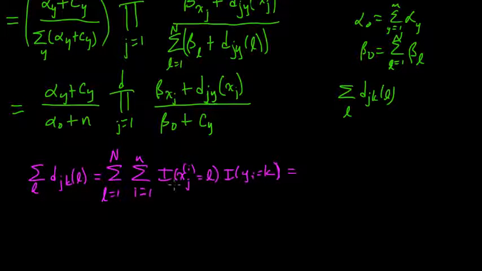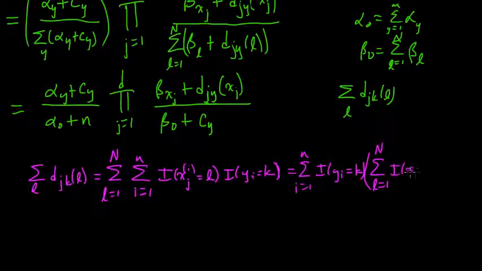Then inside, what depends on l? Only this one. So we get a sum over i from 1 to n. We can pull out the indicator for yi equals k, and the sum over l moves in: the sum over l of the indicator that xij equals l.